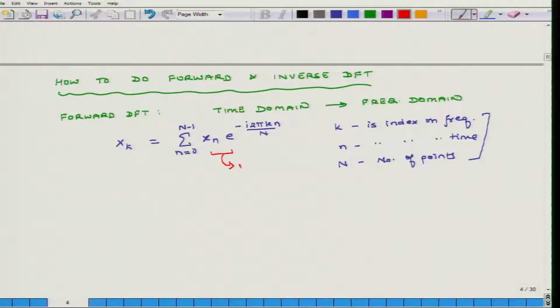So, this involves multiplication. For a given value of k, how many times we are going to multiply it? For a given value of k, we are going to have n multiplications.